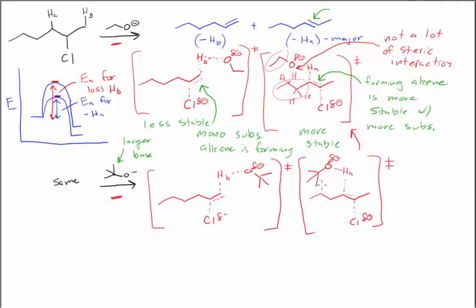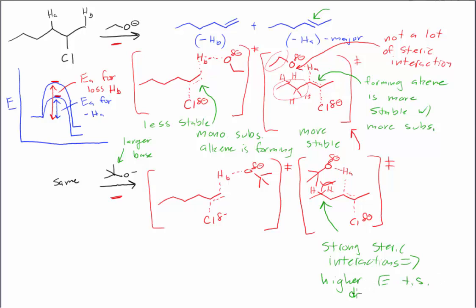And so now the problem is here, we have some steric interactions. And I'm going to use a green to highlight that. We'll call that strong. Strong is probably a better word here. Strong steric interactions. And that leads to a higher energy transition state.